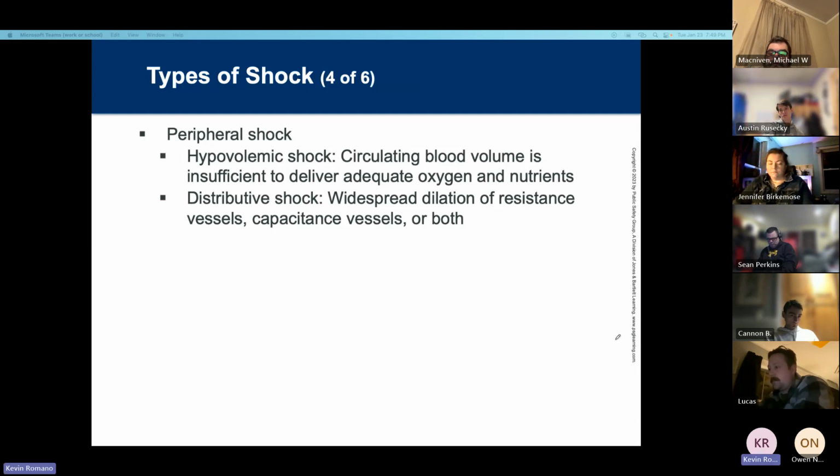And distributive shock is a widespread dilation of the resistance vessels, capacitance vessels, or both. So if we see widespread dilation, what type of shock would that be? What would be a distributive shock? Someone give me one.